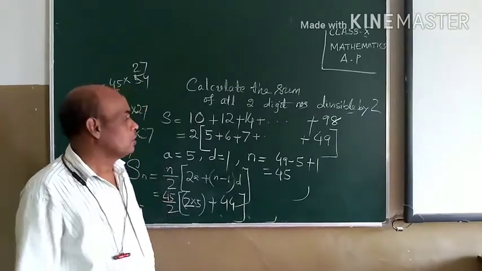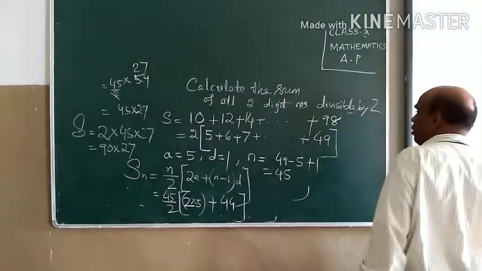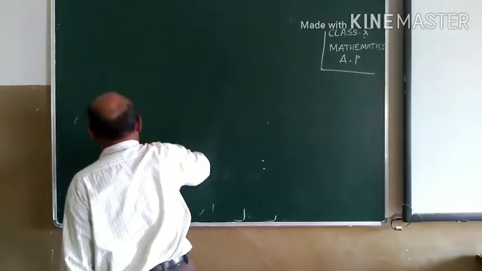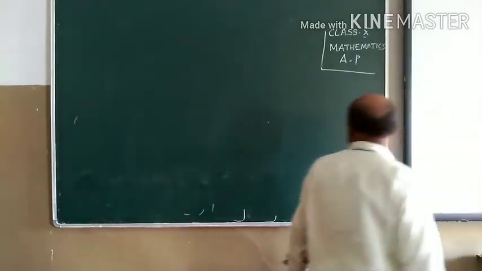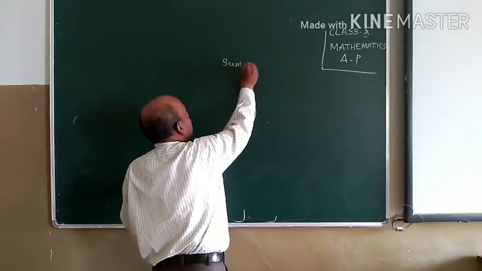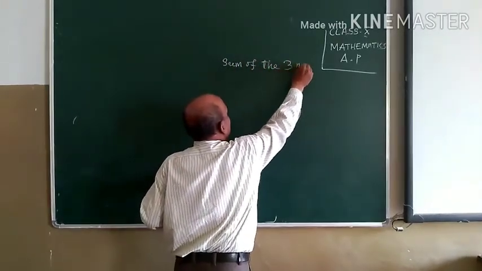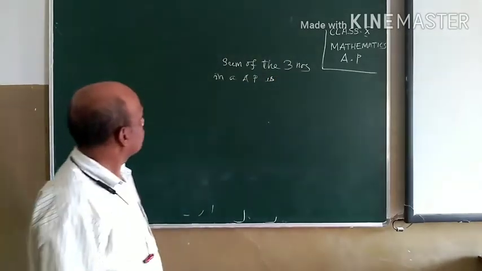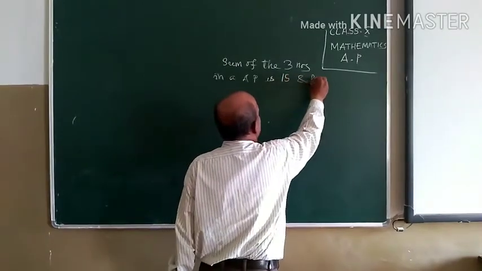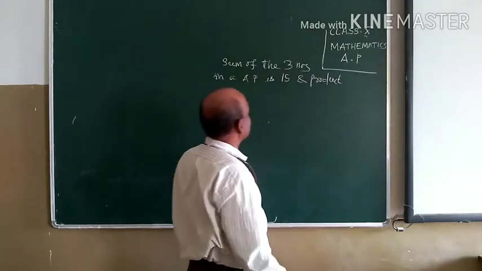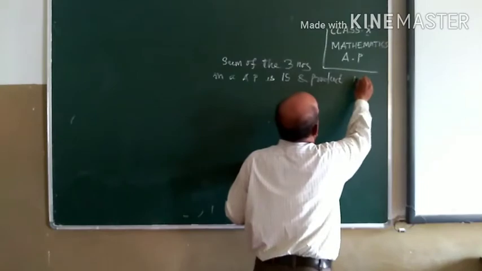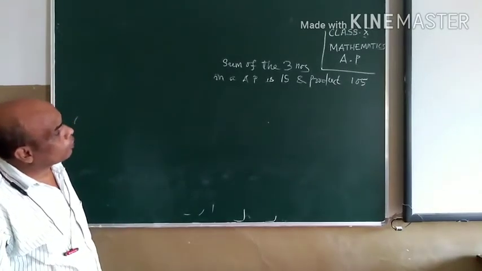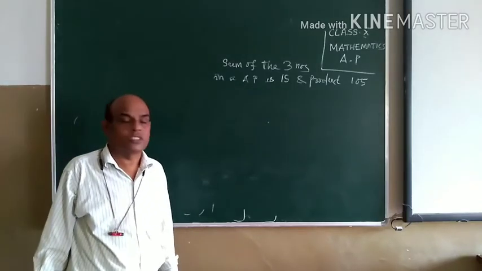Suppose any question may come: sum of the 3 numbers in an AP is equal to 15 and product is 105. So what are the 3 numbers? How can we solve?